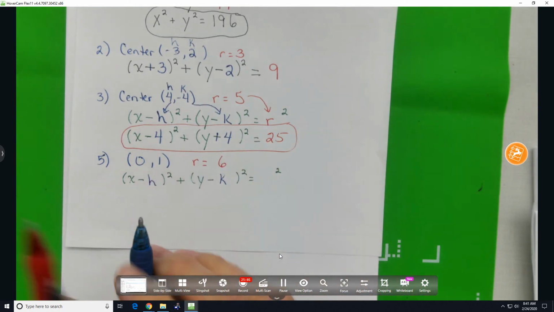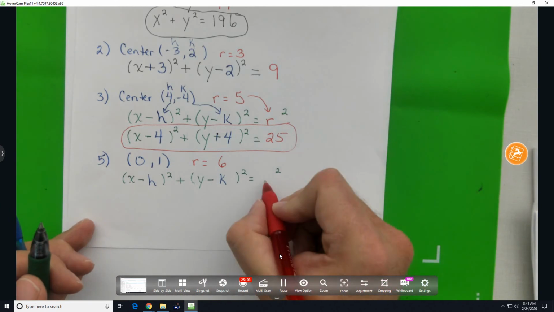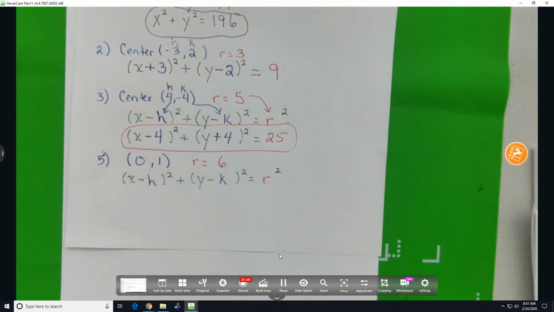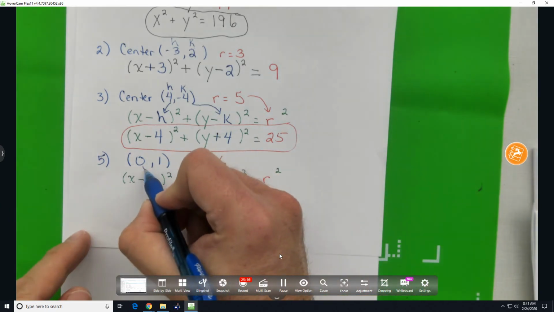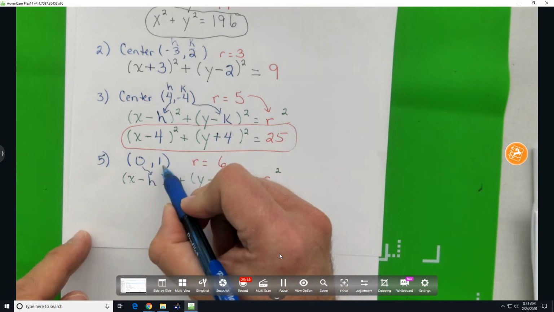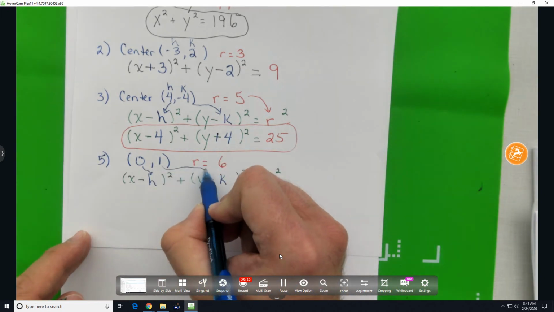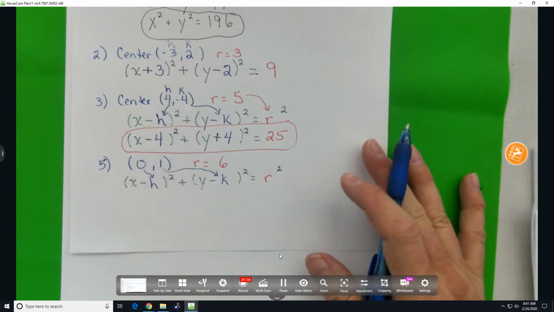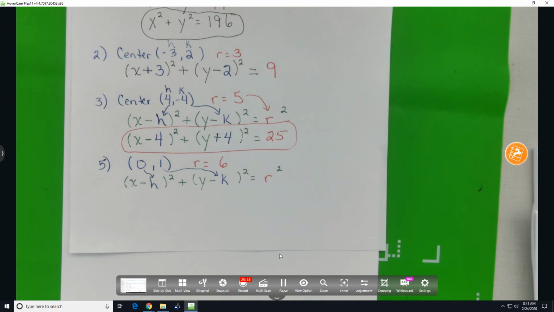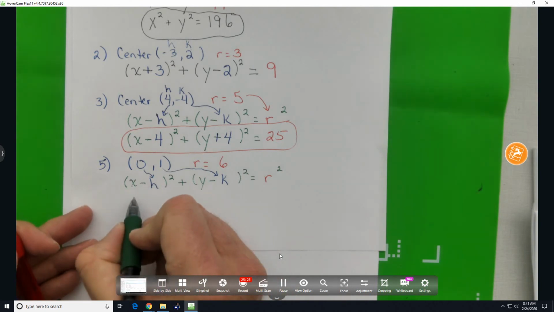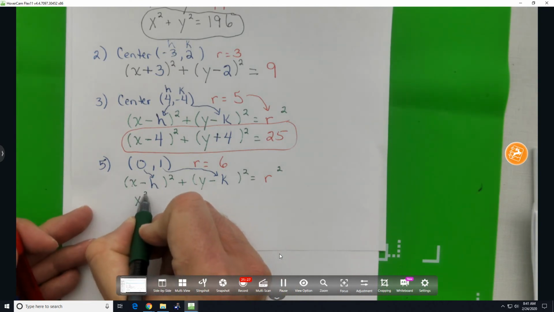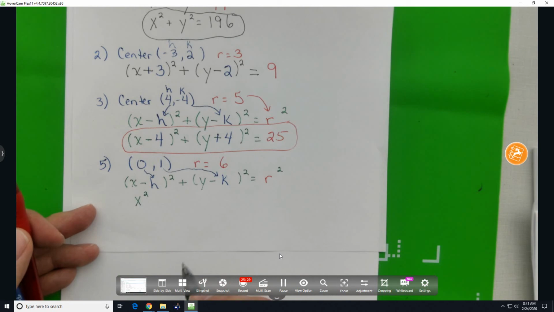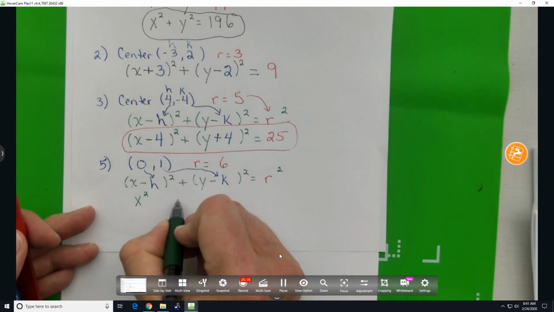H, K, R. One of these will not have a parenthesis when we write the answer. Which one, the x or the y? The x will not have a parenthesis. The x minus 0 would just be x. So we don't need to write x minus 0 in parentheses. Then here's my plus.